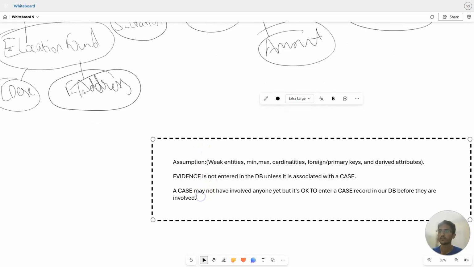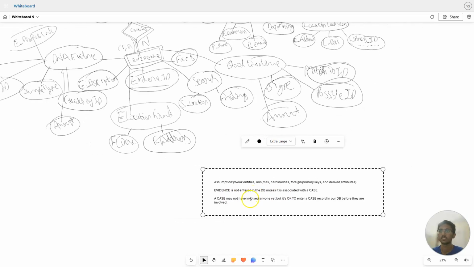So this is for our case min, which is 0. Something for our case max could be that our case can contain many pieces of evidence.